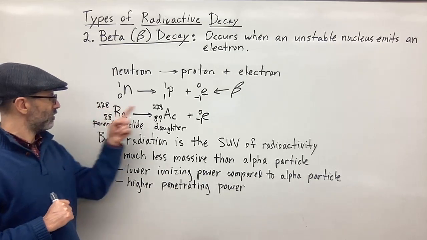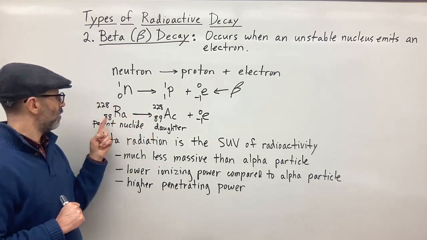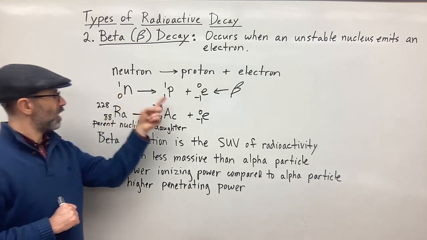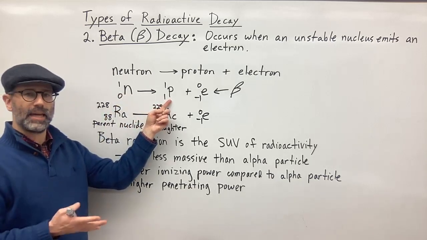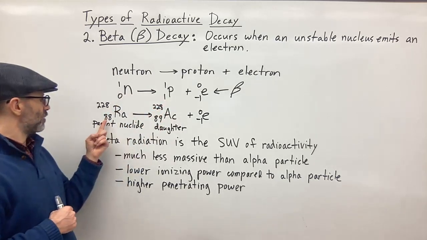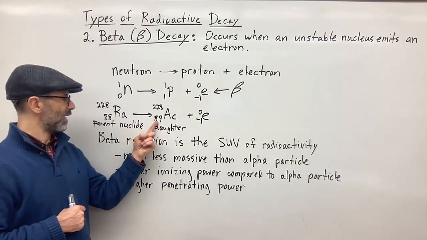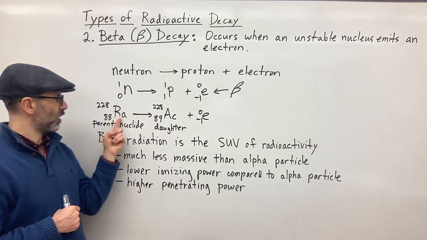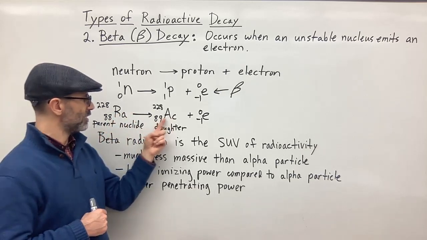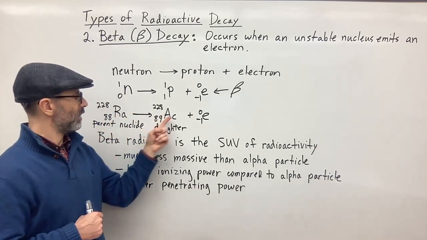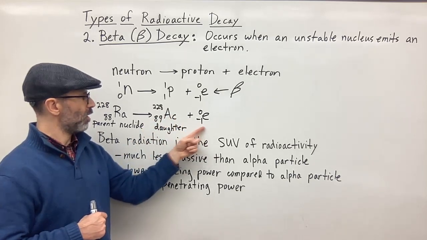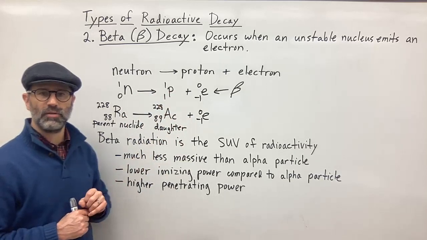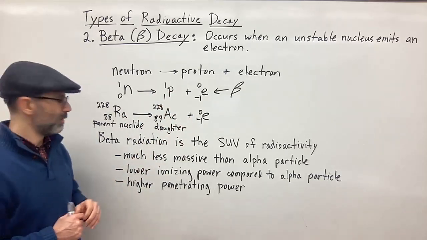So 228 stays 228. But remember, the neutron is going to become a proton, so now you're gaining another proton. So 88 becomes 89. That's going to change the symbol. It goes from radium to Ac, actinium. And then there's the symbol for your beta particle. So here's your beta particle. This is a good example of a beta decay.